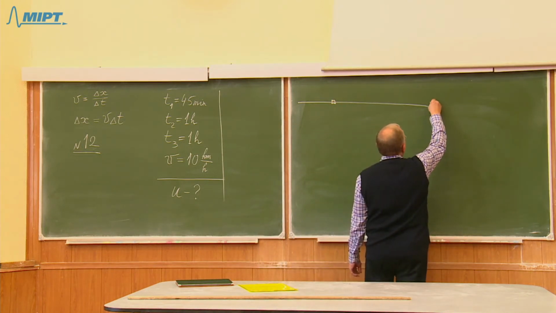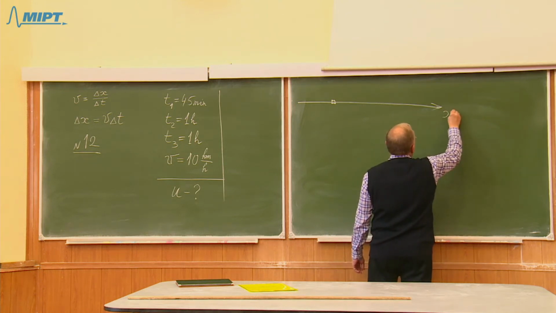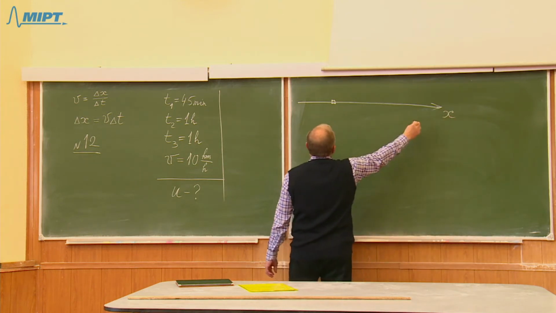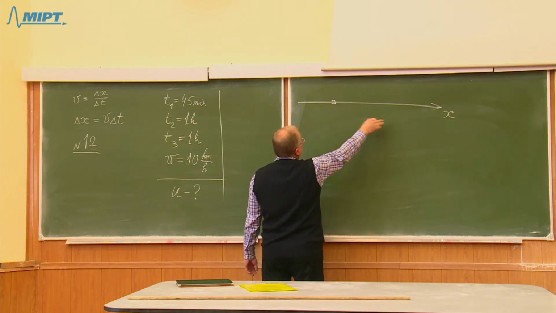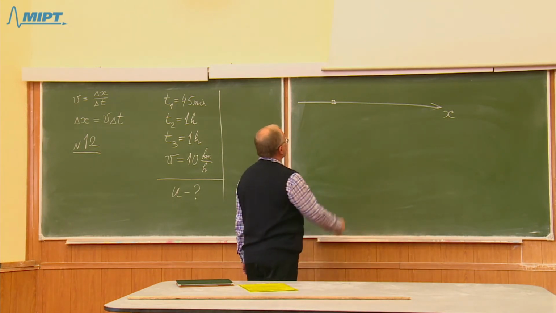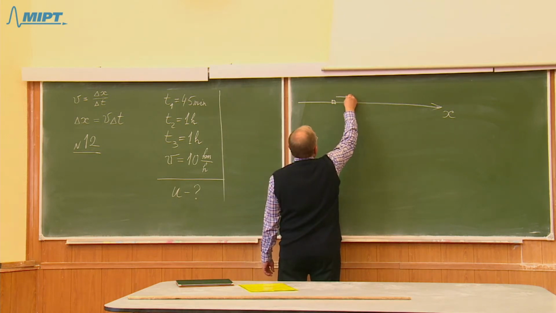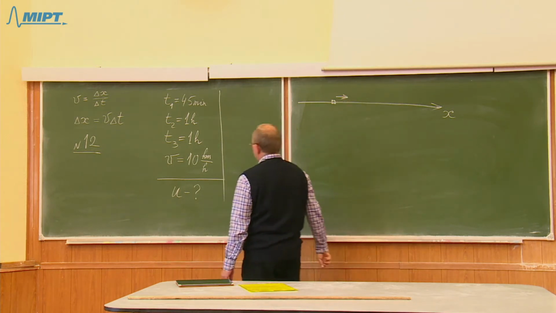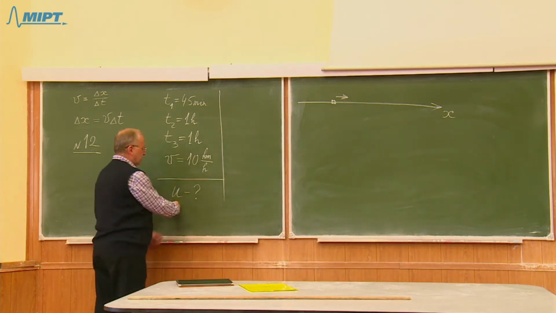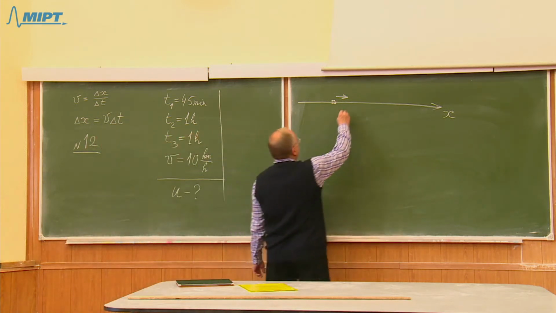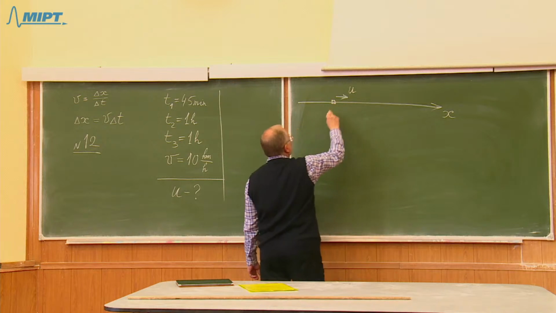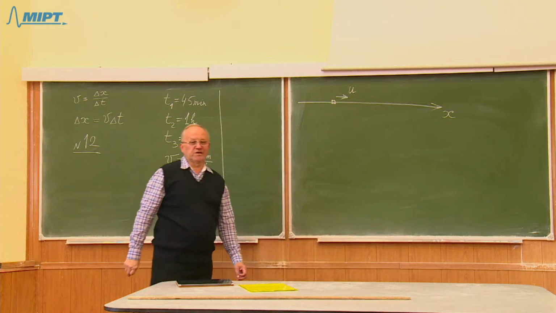Let's assume that the river flows to the right along this x-axis. So this raft goes downstream together with water, together with the stream, with the velocity of the river flow. And the velocity is denoted by u. So this is the velocity of the river flow and the velocity of the raft at the same time.